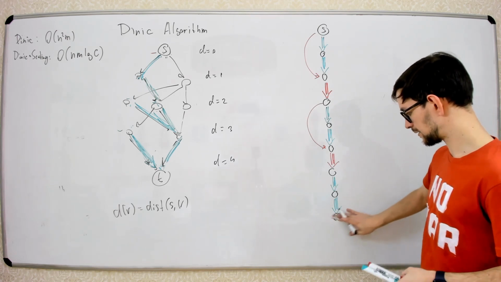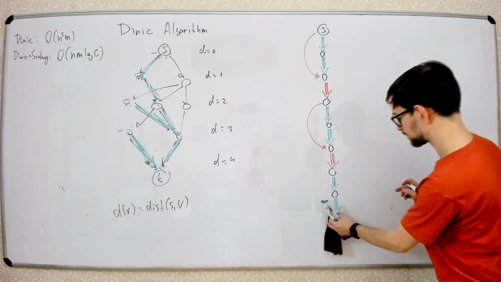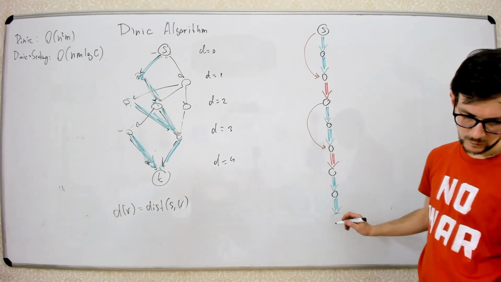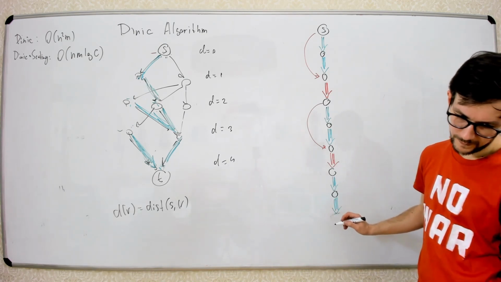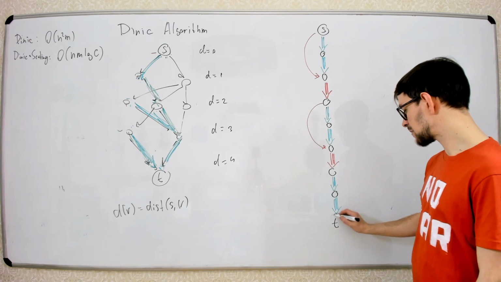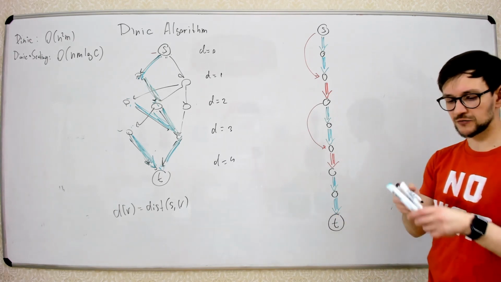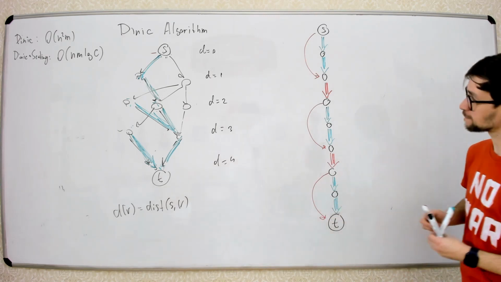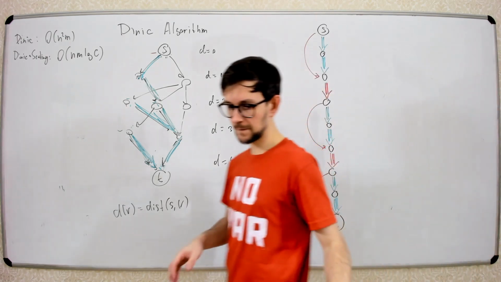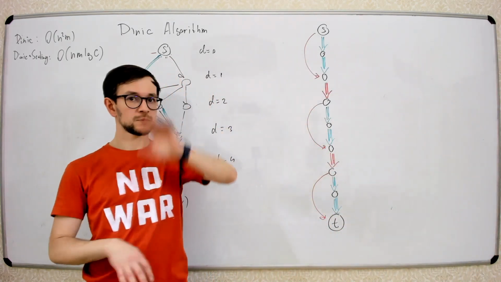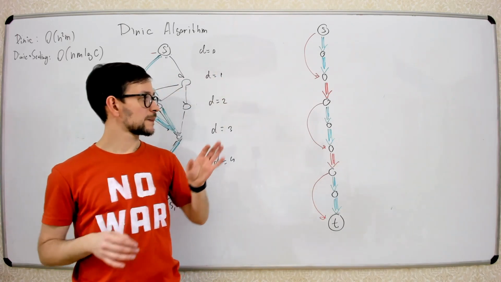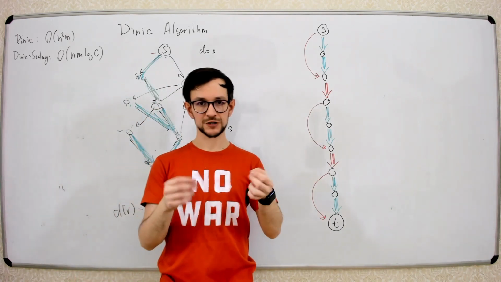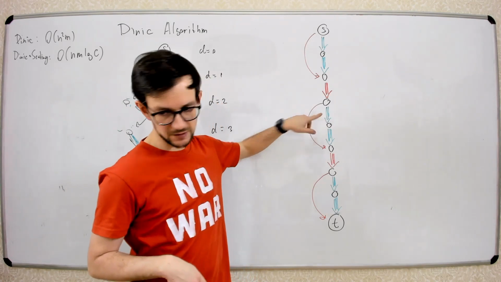So let's make this node T. The trick is remembering the parts of the paths we used before. Once again, some of the edges of the layered network are marked, especially like this blue.